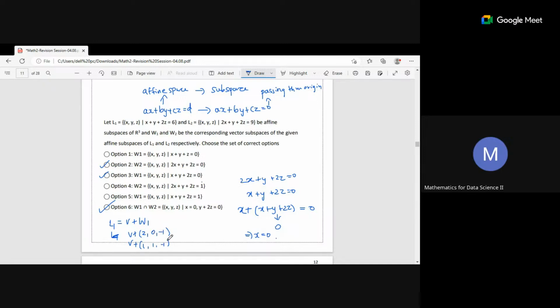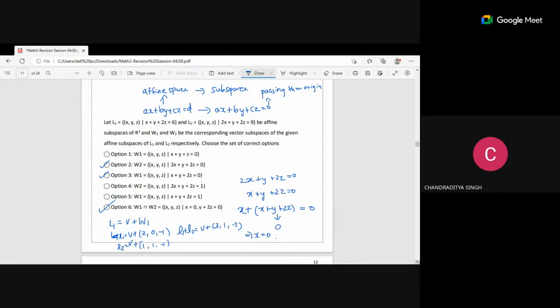Now how do you add these two elements? Let us say L1, L2. Now L1 plus L2 is simply v plus the sum of these two elements alone. So 3, 1, minus 2. This v you don't disturb. The same way for scalar multiplication also. But we can have different v for this.